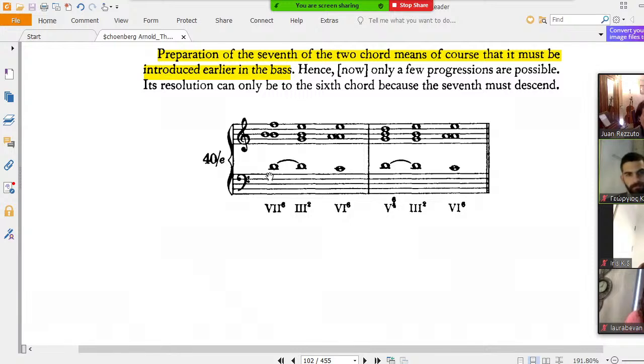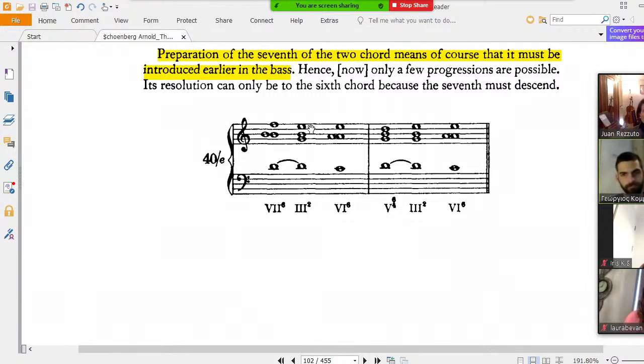D to F, D to B. All good? Now notice that the seventh resolves properly. The F, remember the interval that is dissonant, resolves into the root of the next chord.